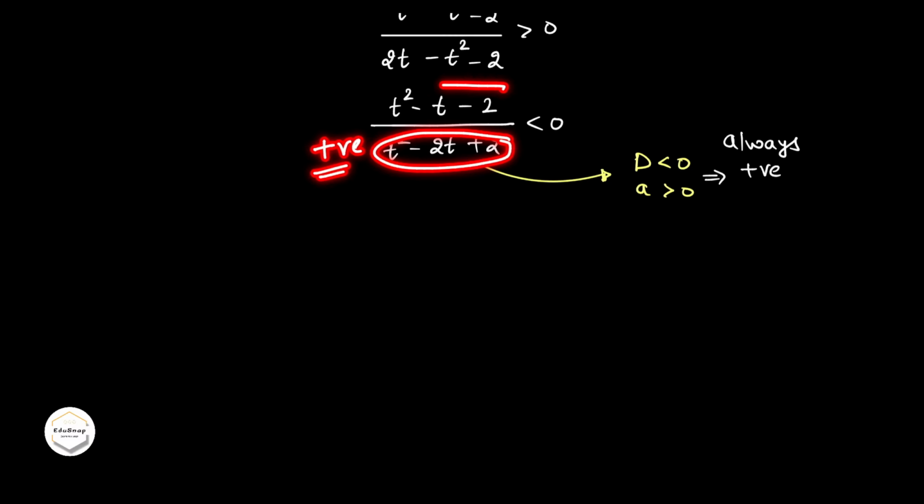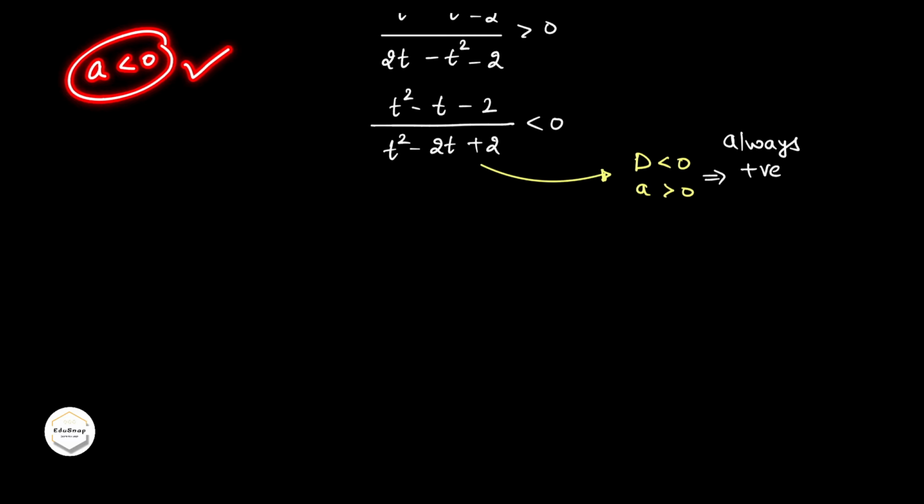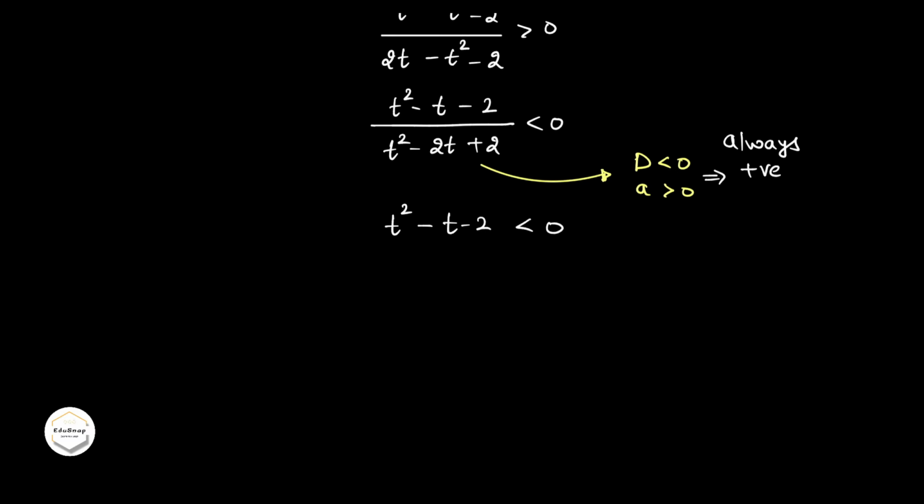Now you have to say that this quantity needs to be negative always, otherwise you will not get the answer, because we have a by b which is less than 0 here, and this quantity is positive, and I want to make the overall quantity negative. So for that I need to say that a must be less than 0 here. Okay, now let's continue further.